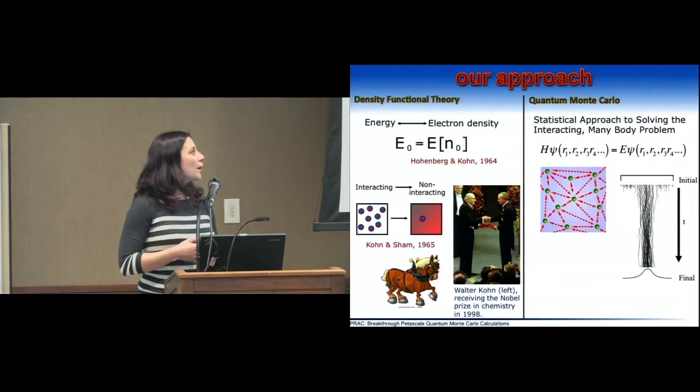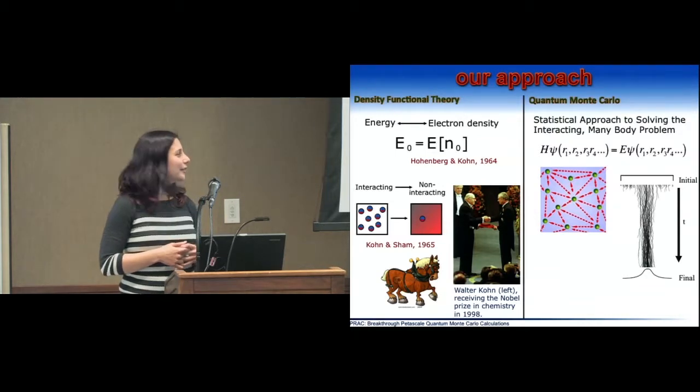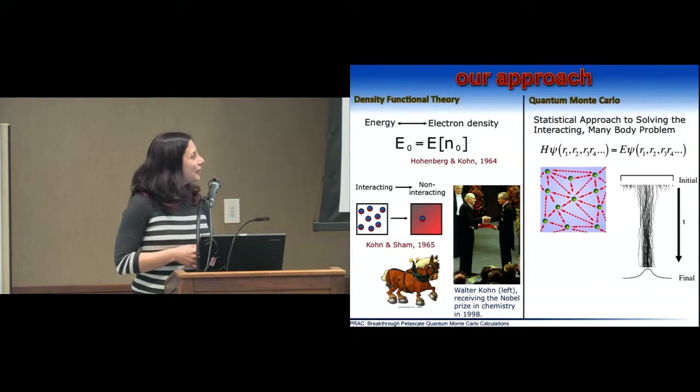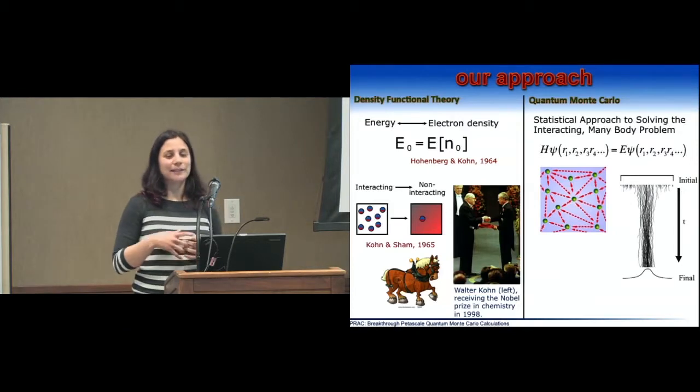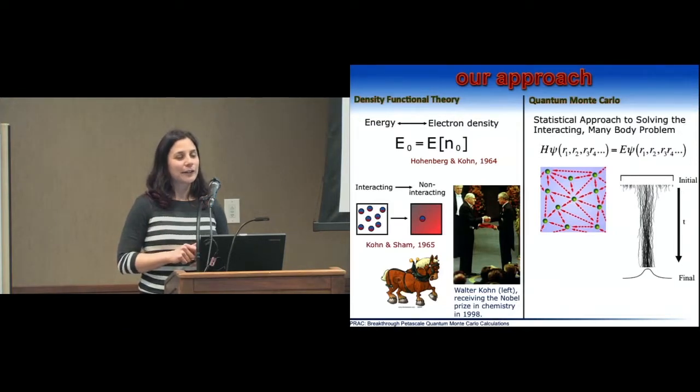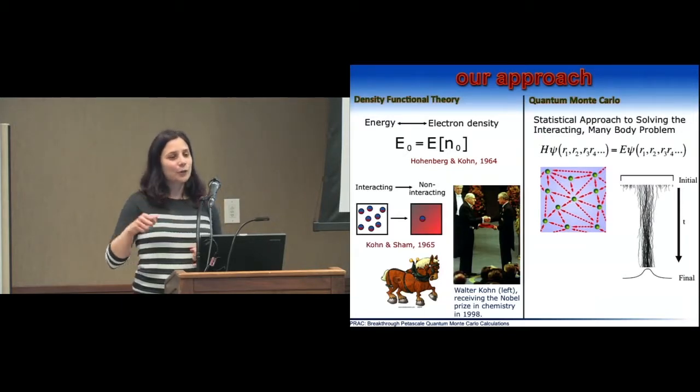This is one flavor of quantum Monte Carlo called diffusion Monte Carlo. What I'm showing here is that, if you stare really hard at the Schrodinger equation, it looks a little bit like a diffusion equation. So in diffusion Monte Carlo, we take a guess at what that wave function looks like.